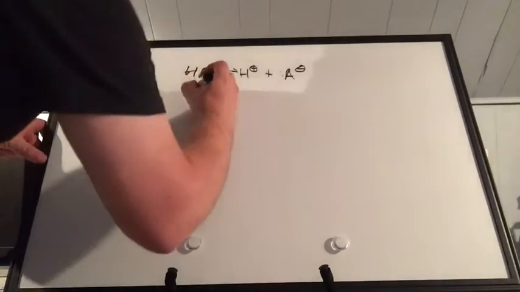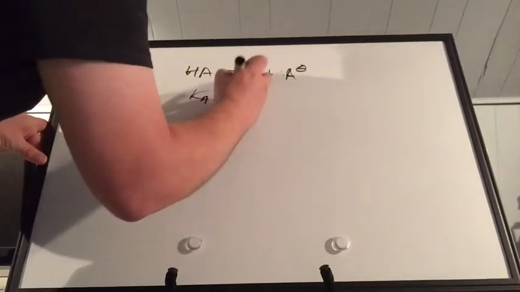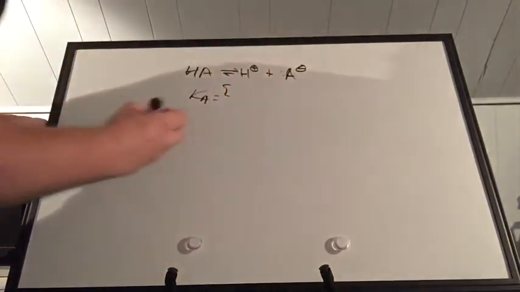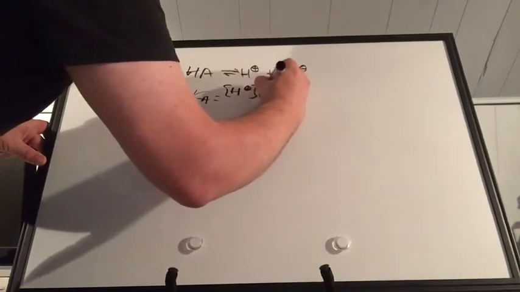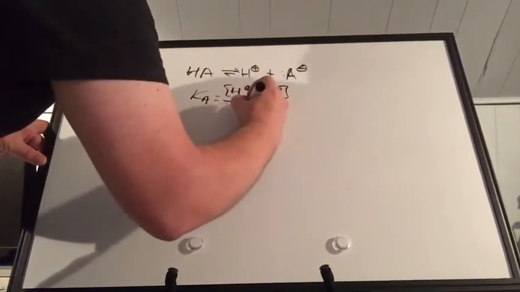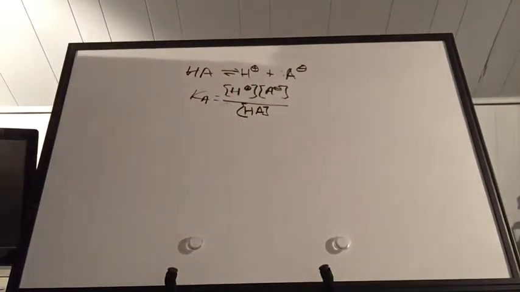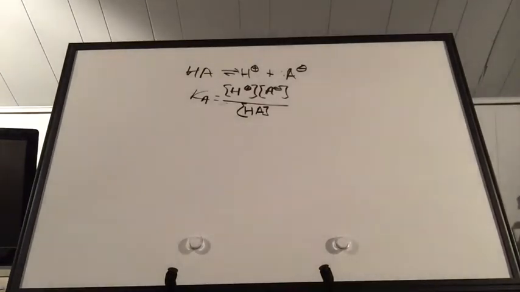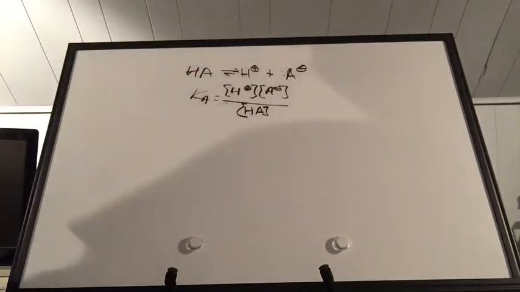So we think of Ka. Ka is going to be equal to our products at the top, right? So our dissociated stuff, H plus, A minus. Okay, so that's going to be all over conjugate acid concentration. Okay, so that's also pretty much just a form of Keq, if you recall from Gen Chem 2.